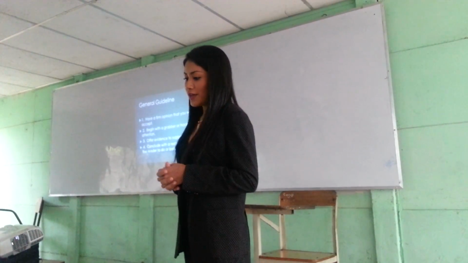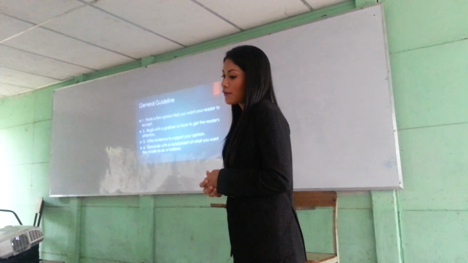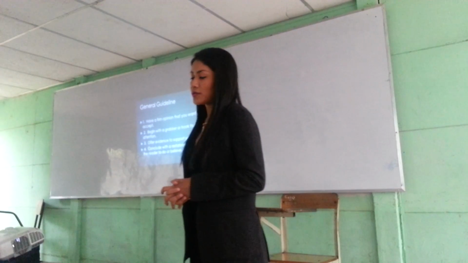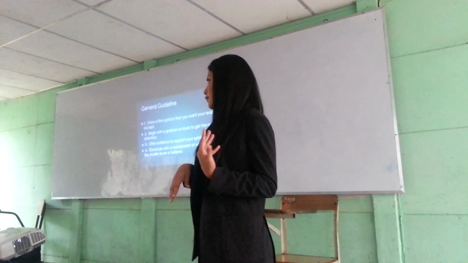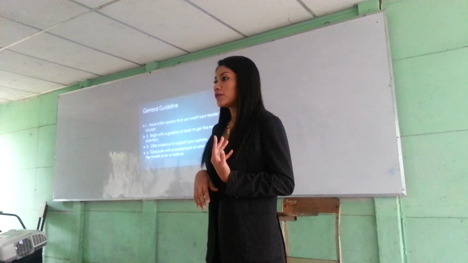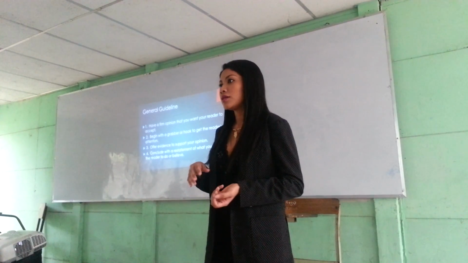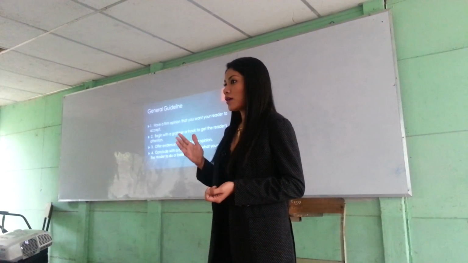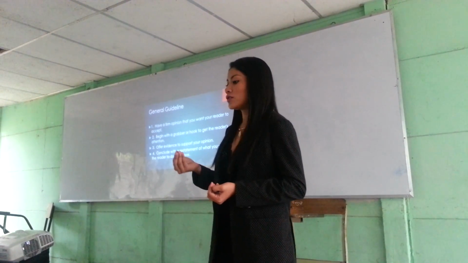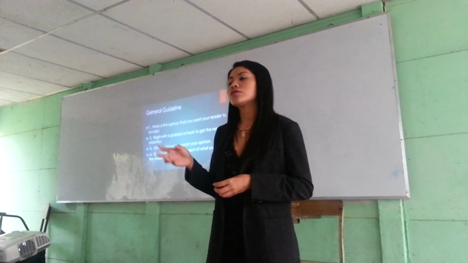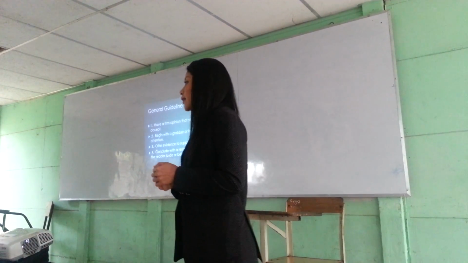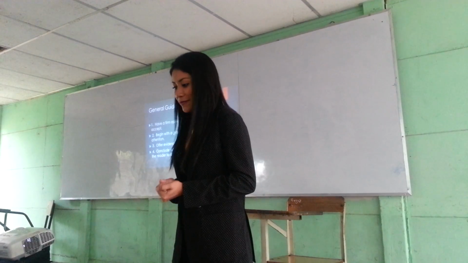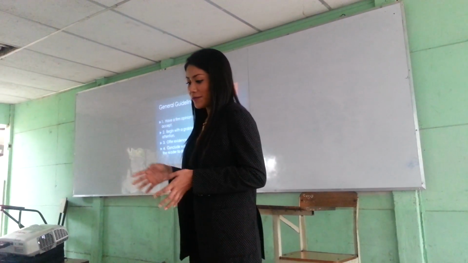Then we have begin with a grabber or hook to get the reader's attention. As I said before, you have to be very clear and consistent about your position, and that's how you're going to find a nice topic sentence to make it like a grabber.